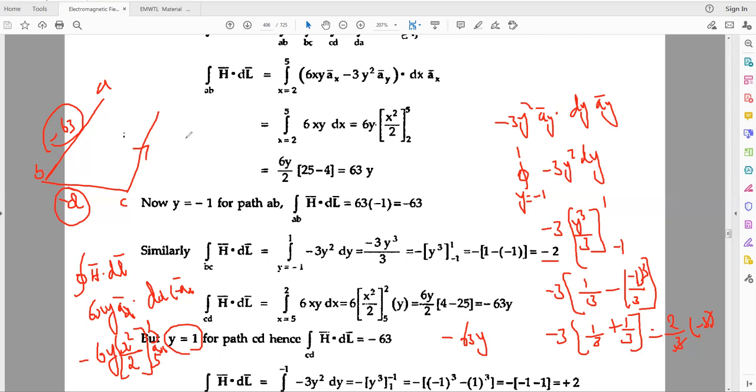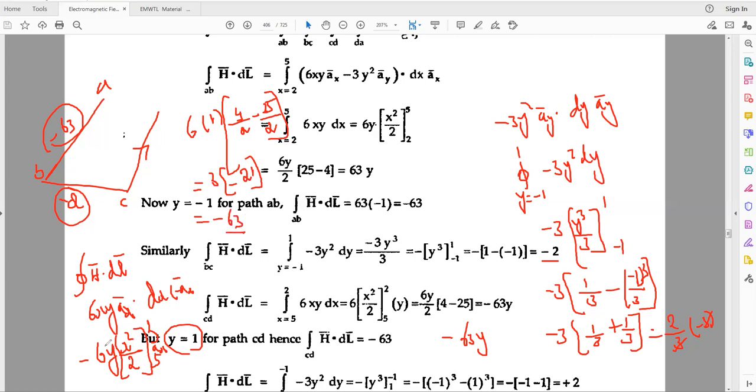We can substitute y is equal to 1, so 6 into 1 times x cube by 2, from 2 to 5, giving 4 by 2 minus 25 by 2. It becomes 6 by 2 which is 3, minus 21, which is minus 63.